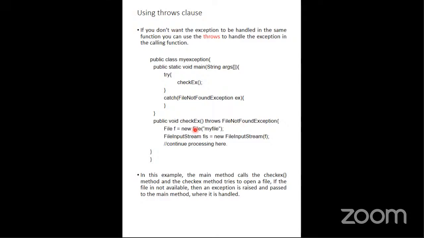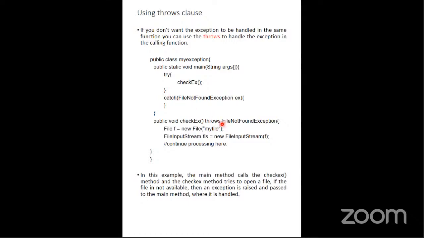So if it is not handled by this method, then it has to be handled by the calling method. If this is not the main method and it is also not handling it, then the method which is calling this method will handle it. Somehow, somewhere it has to be caught. So for that purpose, we require the throws keyword to indicate that this method has code which is capable of generating an error, but the method is not handling it. So whoever is calling this method will become ready to handle that exception. That is indicated by the throws keyword.